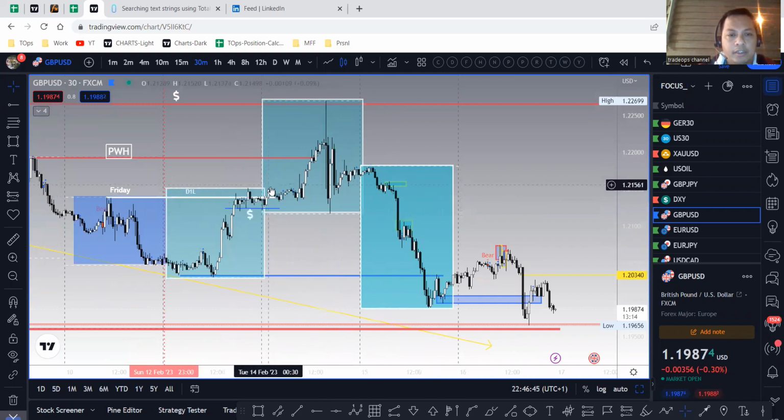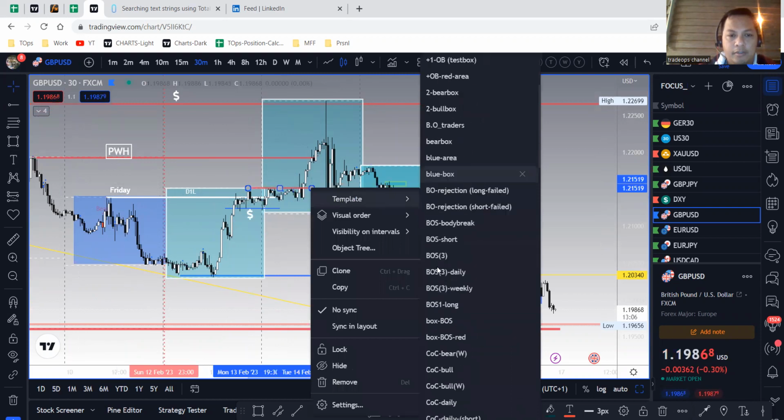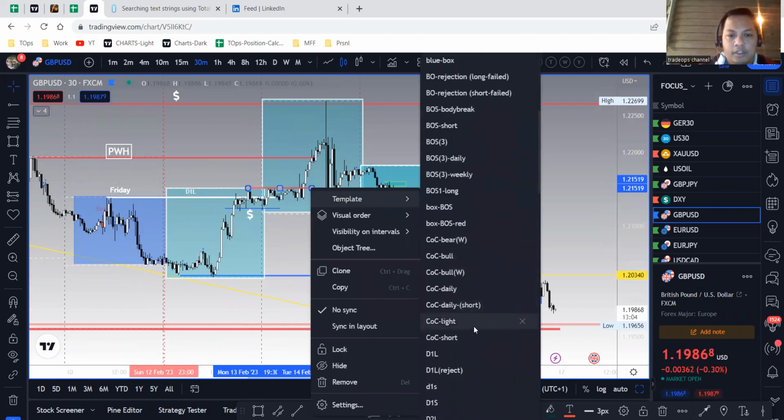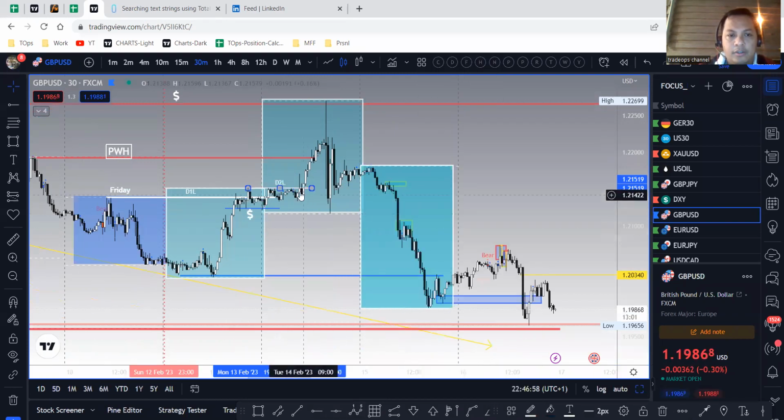So, D1. Okay. At yung dito is this one. Kasi nag-breakout sa high ng Tuesday. D2L. So, D1L nag-break sa Friday high. D2L nag-break sa high ng Tuesday. Okay, so after day 2, day 3 na.